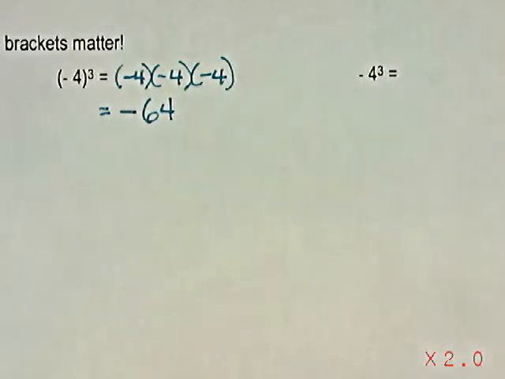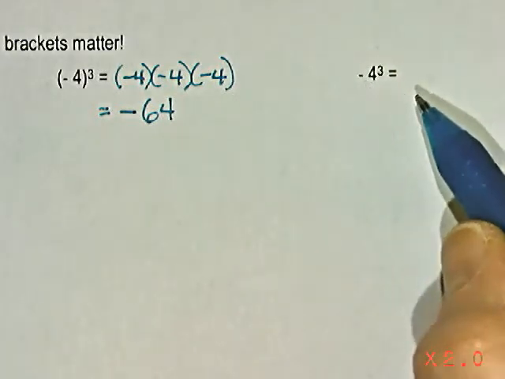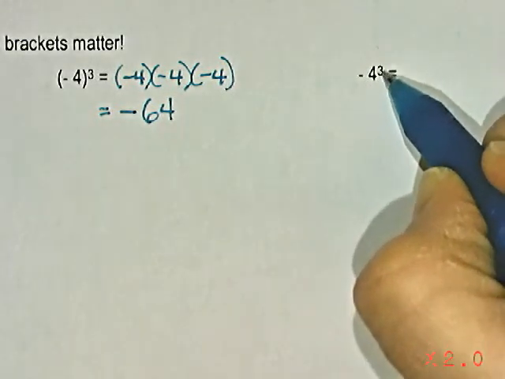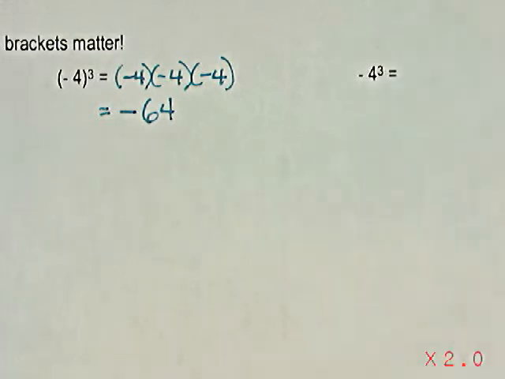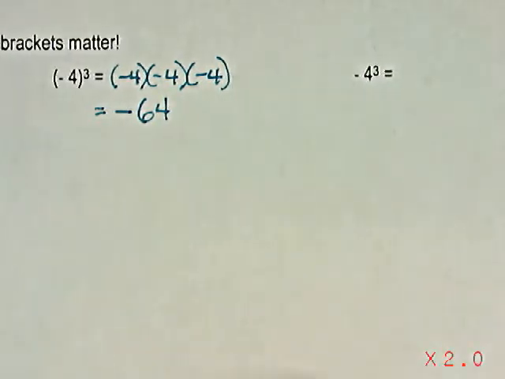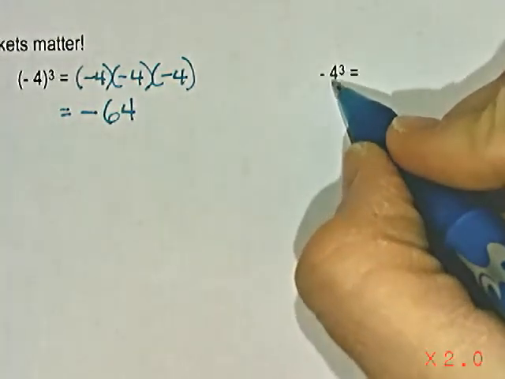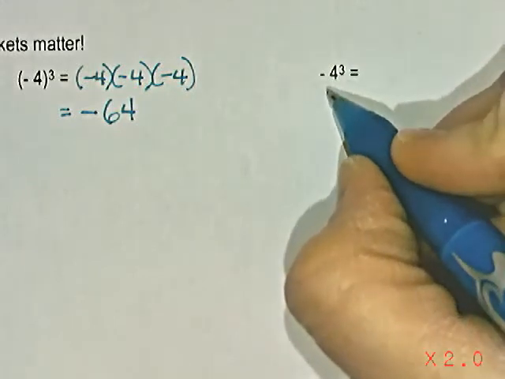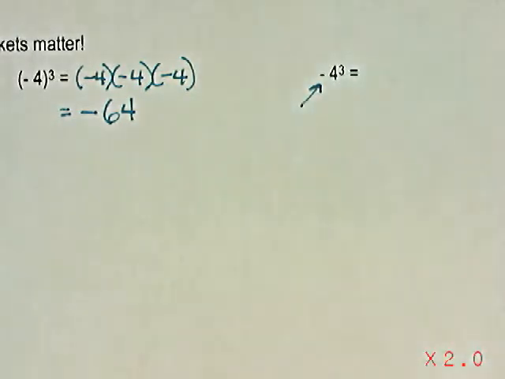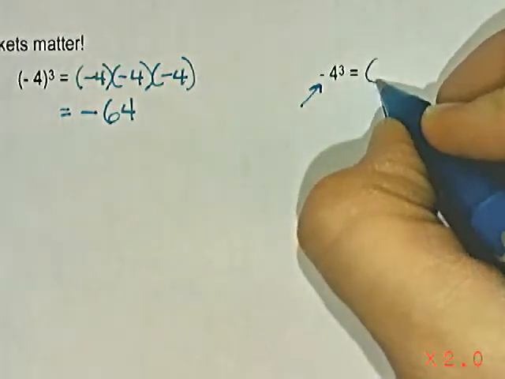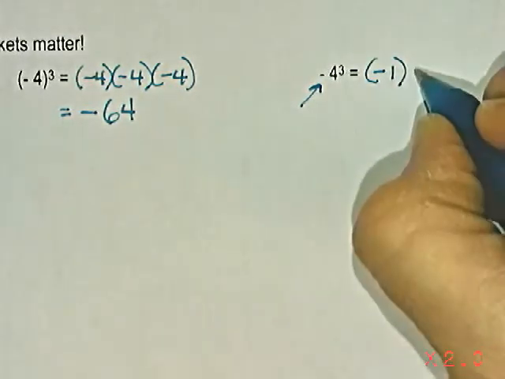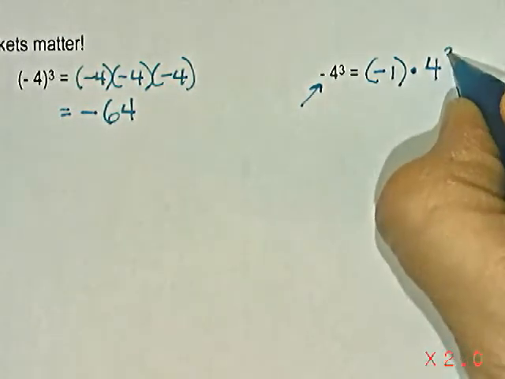When I write the power in this manner, whatever the exponent is touching directly is what is being exponentiated. And so this could alternately be shown with an invisible negative 1 out front. I have a negative 1 multiplied by this 4 cubed.